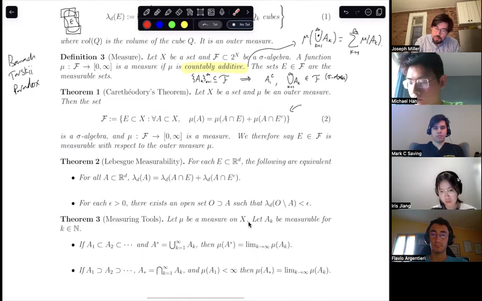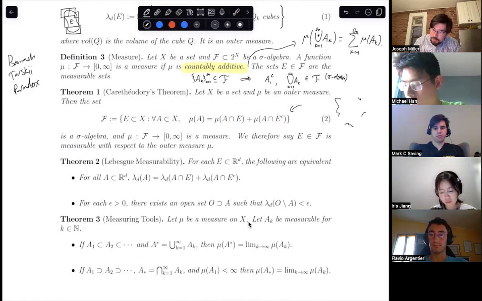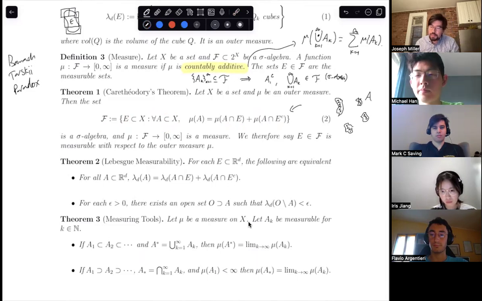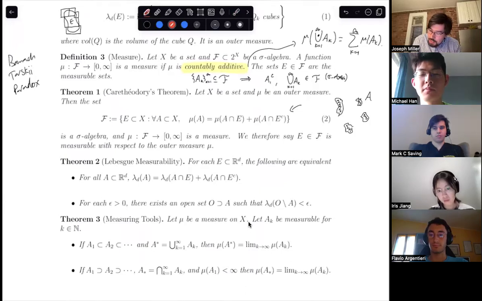So the way I think you should view this is, let's say you give me some kind of crazy set, like some blobs. This is my set A. And I have another set E, which I'm trying to check if it's measurable. And let's say I subset it like this. So this is E, and then the rest is E complement.